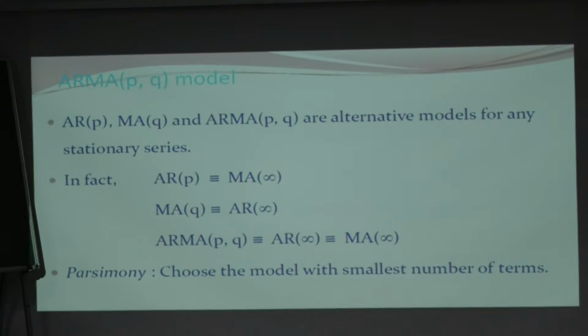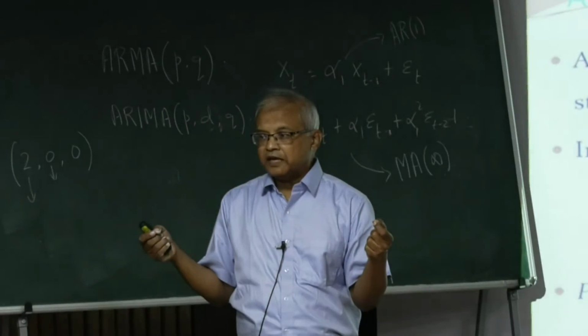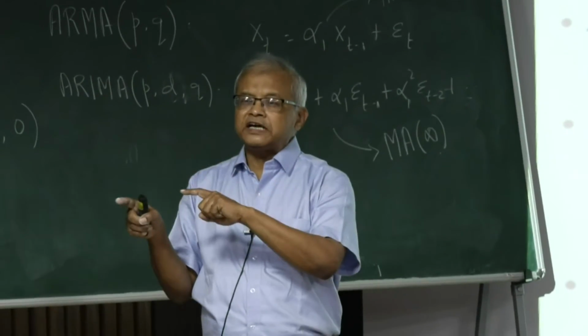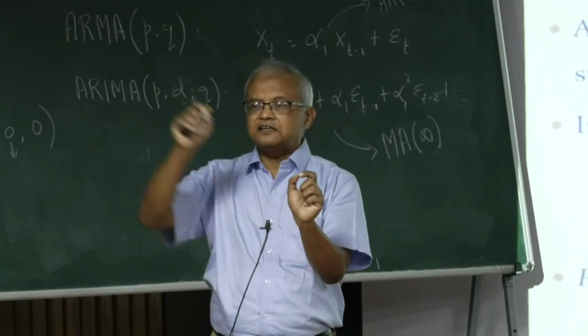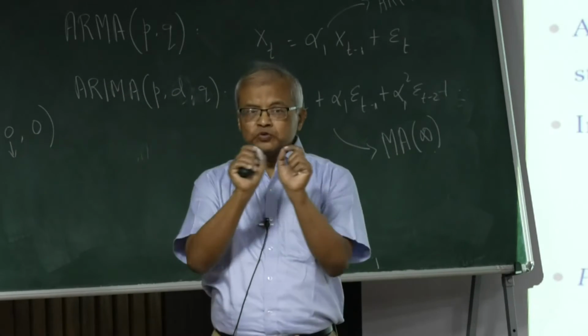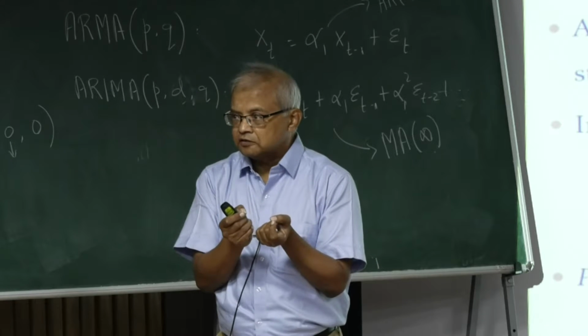But ARMA 1,1 has 2 parameters, AR 14 would have 14 parameters, and obviously it will be difficult to explain the AR 14 as well as it will become inefficient because there will be too many parameters involved. Okay? So there would be alternative models because you can go from one to the other. Smaller number of parameters here, a large number of parameters there, those would be equivalent models. But choose the models with the smallest number of parameters because that would be more efficient.